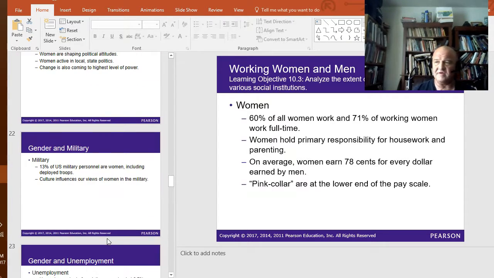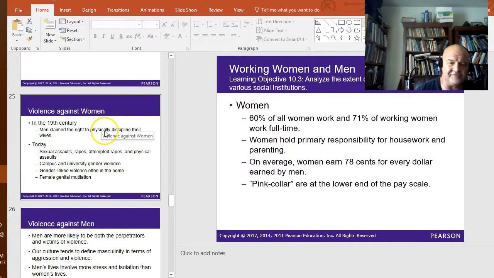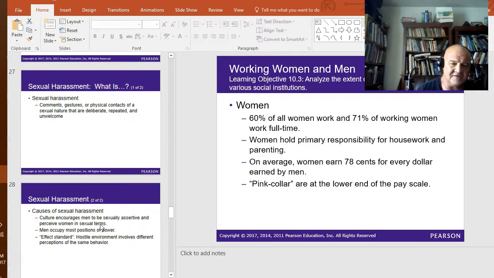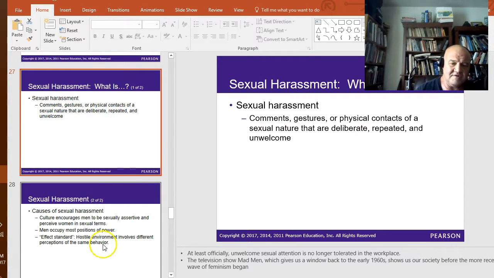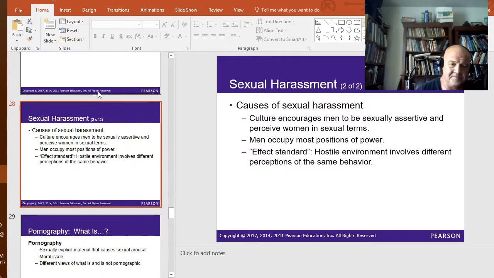You know the effects of gender stratification on, for example, women's versus men's income, right? And then some of the problems: violence against women, violence against men. Please know in detail and in particular the correlates of sexual harassment, the two kinds.